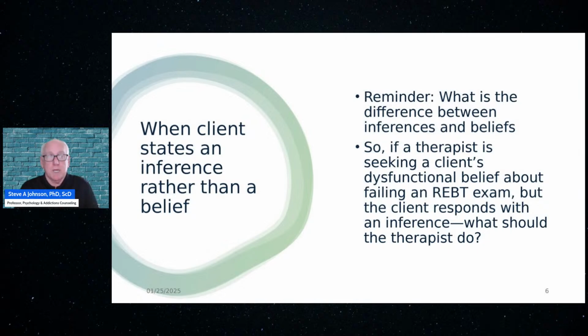What were you telling yourself? We've got the A, we've got the C, and then we want to get to the B. We say, what were you thinking in that situation that caused that? And then you name the emotion or the behavior.